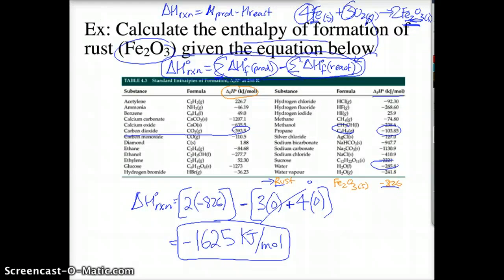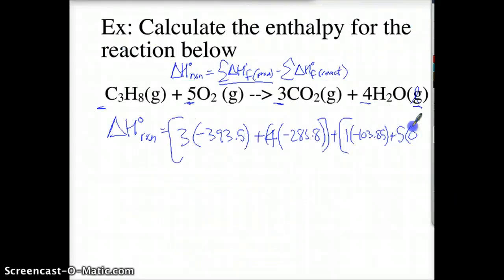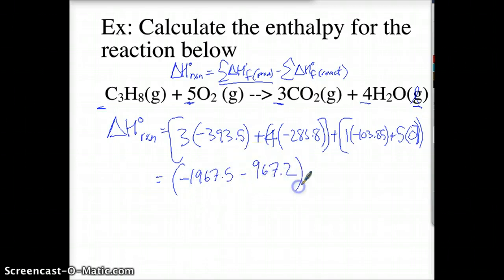Well, that's because it's in standard state, so it's 0. So if we go ahead and do the math, we're going to get negative 1967.5 minus 967.2 plus negative 103.85, and that's what we got there.